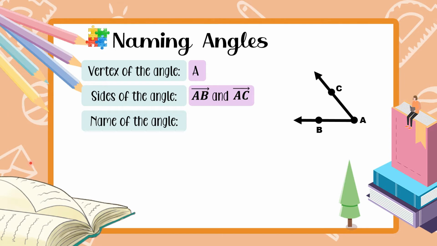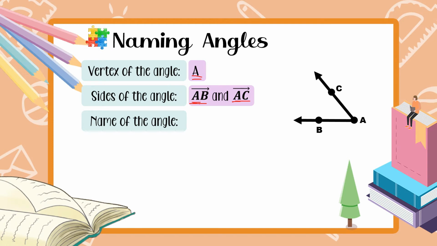Now, what is the name of our angle? Para mapangalanan natin yung angle natin, we have to take note of the vertex and then the sides. As you can see, our vertex A ay dalawang beses na ulit doon sa ating sides. Dahil yun yung ating vertex, yung pangalan ng ating angle, nasa gitna yung vertex.